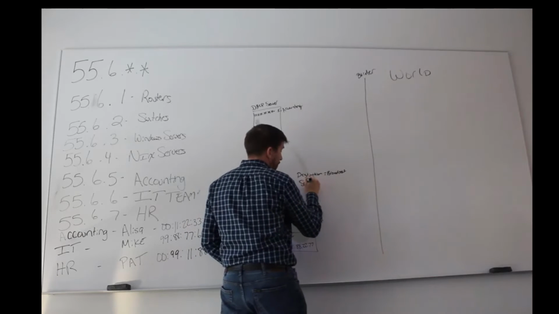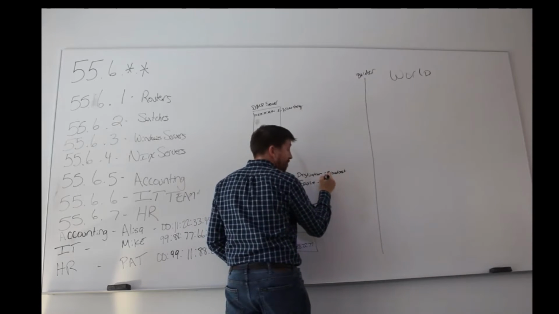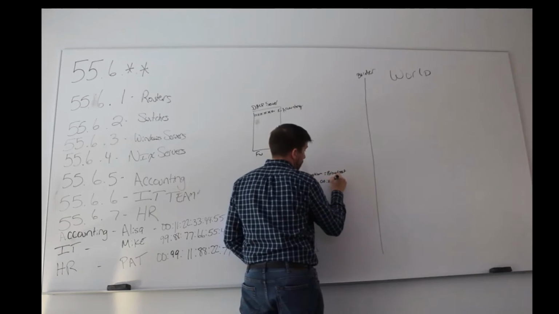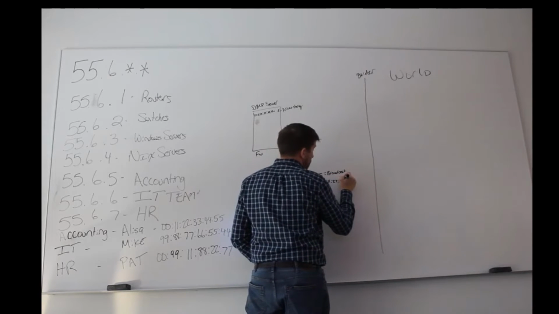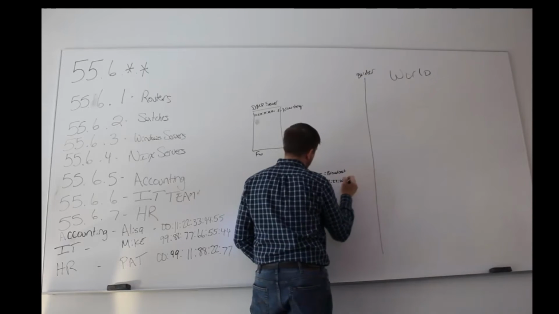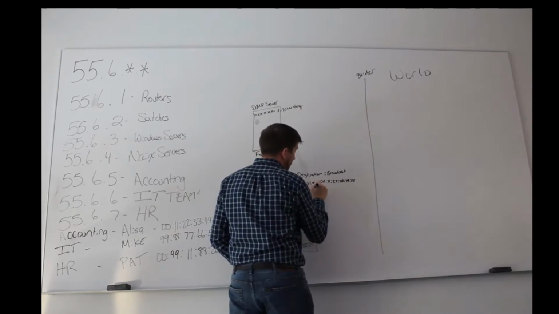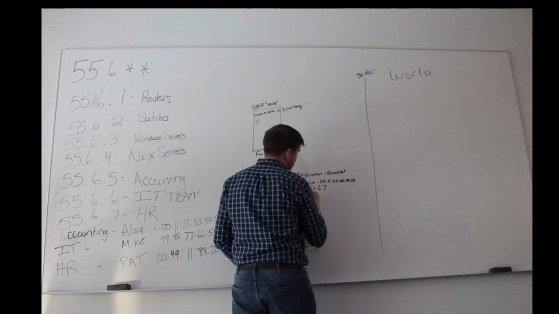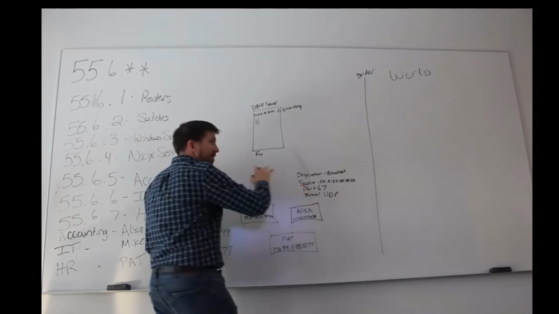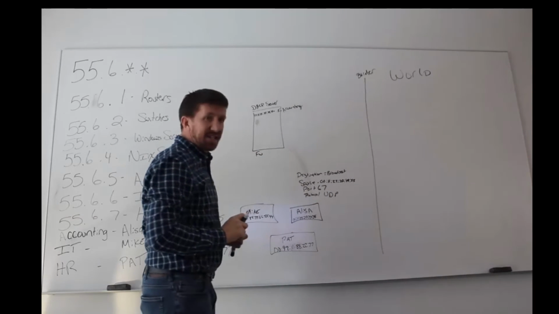Its source is its MAC address, 001122334455. It's on port 67, and its protocol is UDP. That packet gets to the DHCP server.